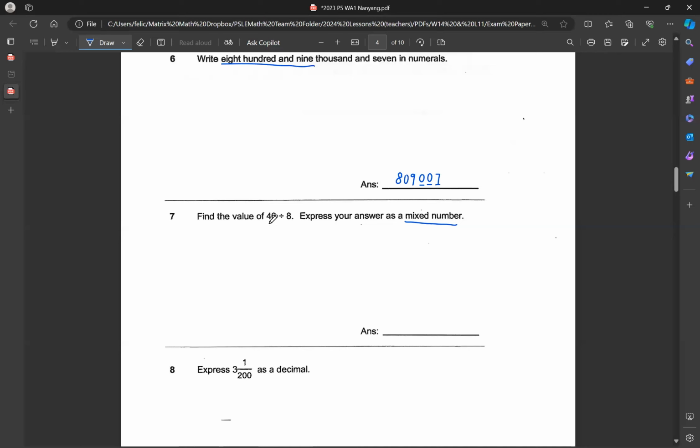So finding the value of 46 divided by 8, if I write it as a fraction, it's the same as 46 over 8. And of course, you can now re-express it as a mixed number since this is an improper fraction. The mixed number will be 5 wholes and 6 on top. All right, and of course, you can go on to simplify this, 5 wholes and 3 quarters.